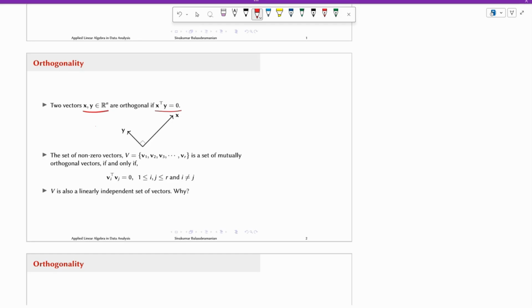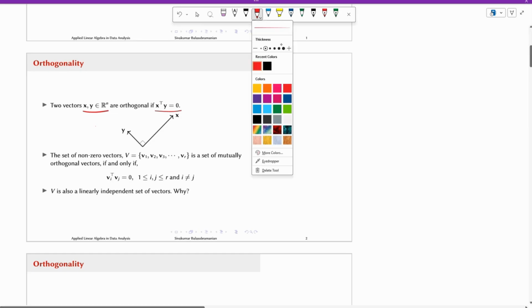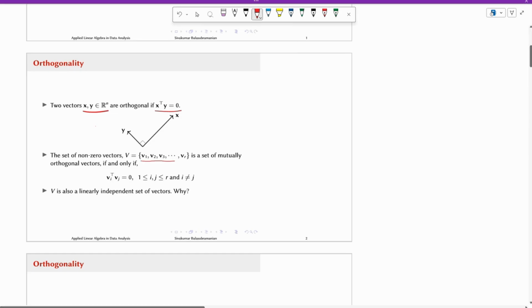Now, instead, let's say you had a set of vectors v1 to vr, and again, we'll assume each of the vi's is from Rn. We say that this is a set of mutually orthogonal vectors if and only if this condition is satisfied.